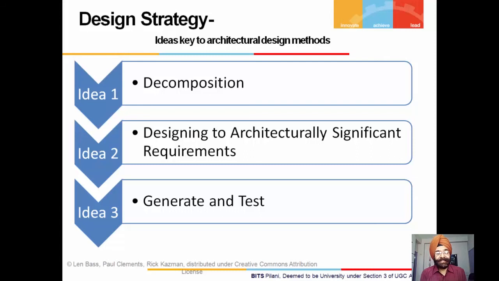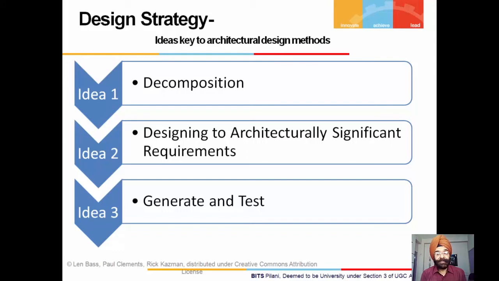The design strategy presents ideas that are key to an architectural design method. The first idea is decomposition. You have an application, you have a project, decompose it, so you can separate out the job into individual modules and attend to them individually.